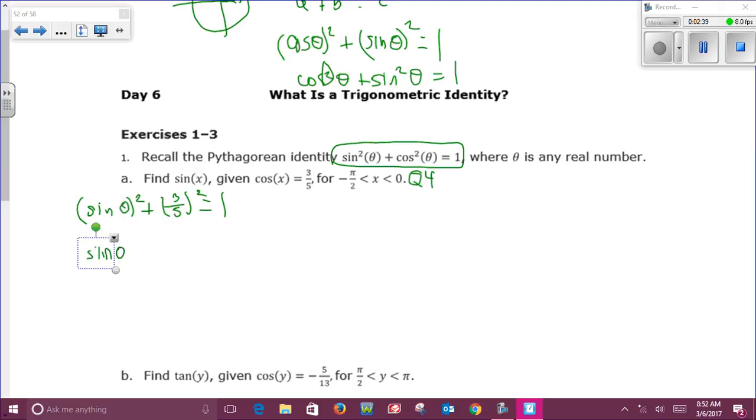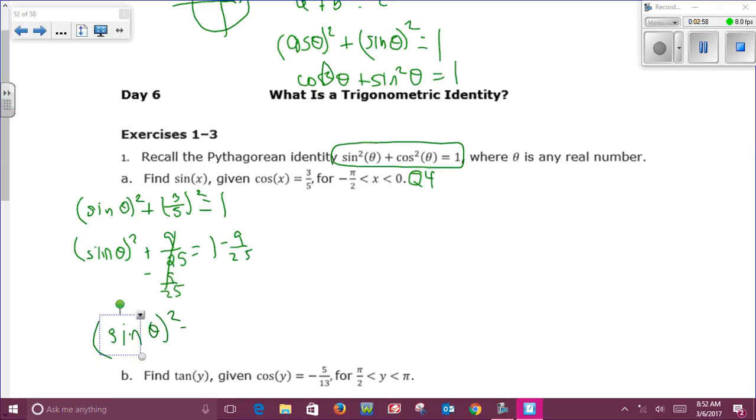So sine theta squared plus 9/25 equals 1. I just squared my 3/5. So subtract the 9/25. So we'll have sine theta squared equals, well, 1 minus 9/25 is really 25/25 minus 9, so it ends up being 16 over 25.